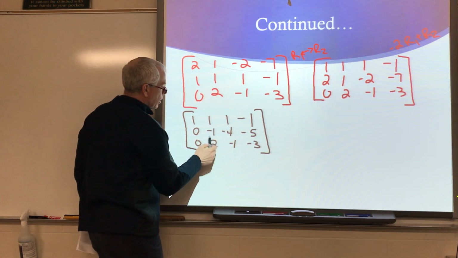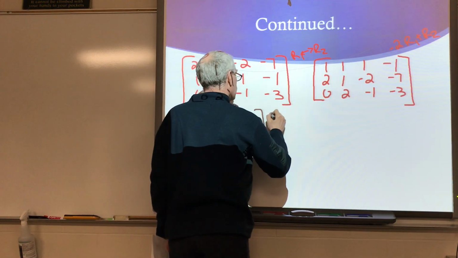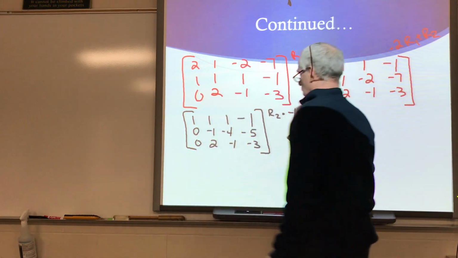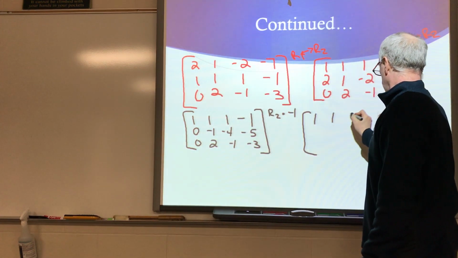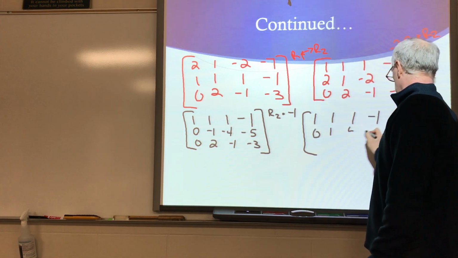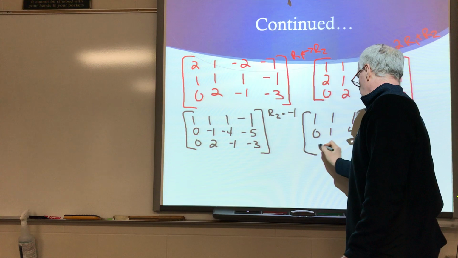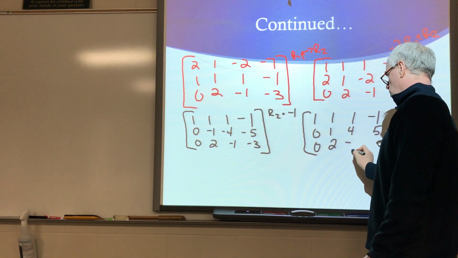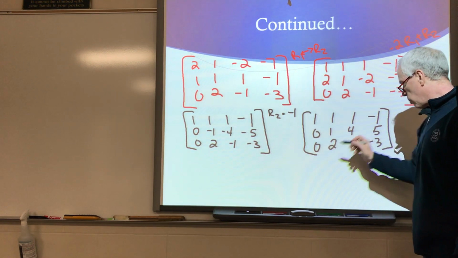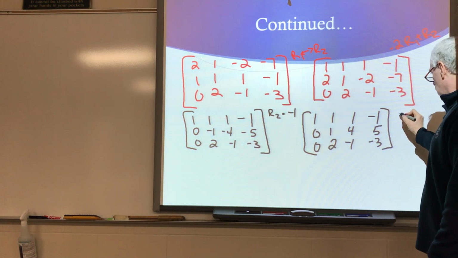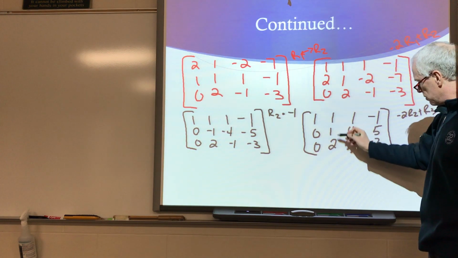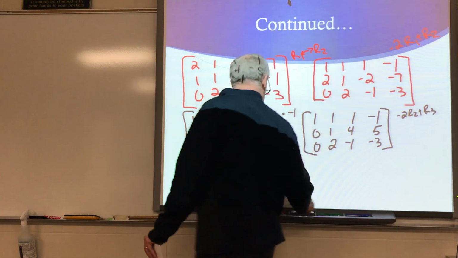Then I would like this to be a +1, so I'm just going to take row 2 times -1. Okay, so I'm going to leave row 1 alone. Everything in row 2 is going to have the opposite sign, and I'm going to leave row 3 alone. Okay, now I need this to be a 0 right here, so I'm going to go -2 times row 2 and add it to row 3, so -2 plus 2 will give me a 0 there.